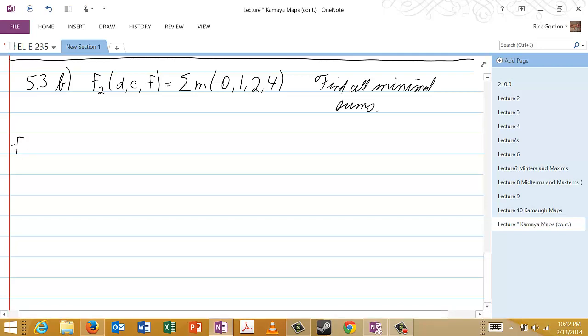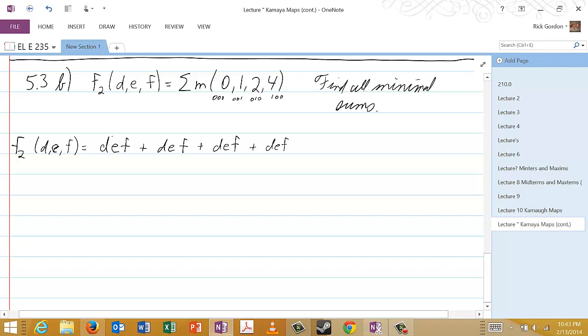So we'll have F2 of D, E, F equals, and we see that we have 4 min terms, and of course each min term must have all 3 variables. So we'll have D, E, F, D, E, F, D, E, F, and D, E, F. 0 is 0, 0, 0, 1 is 0, 0, 1, 2 is 0, 1, 0, and 4 is 1, 0, 0.